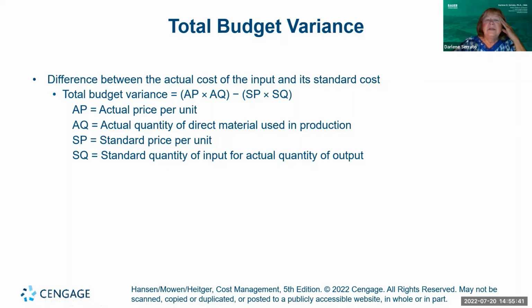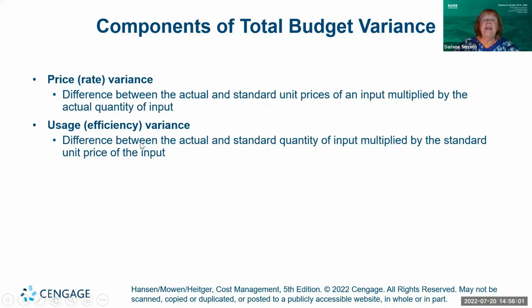Okay, so for the variable product costs, direct materials, direct labor, variable overhead, we are going to be using these 4 variables to calculate the variances. This is the total variance. Then the total variance can be split between a price or rate variance and a usage or efficiency variance. Price is the term used for materials. Usage is used for materials or quantity. Rate is used for labor and overhead. Efficiency is used for labor and overhead.